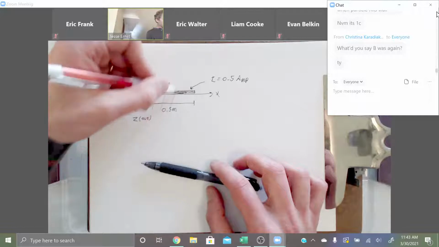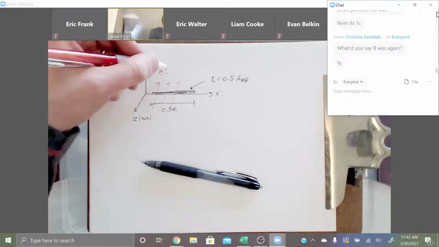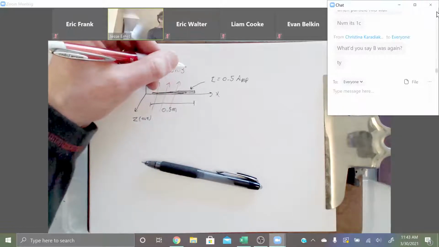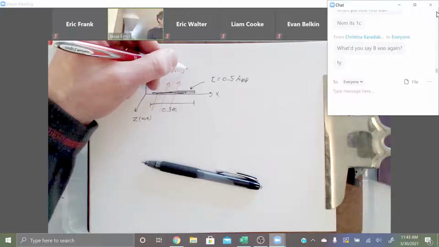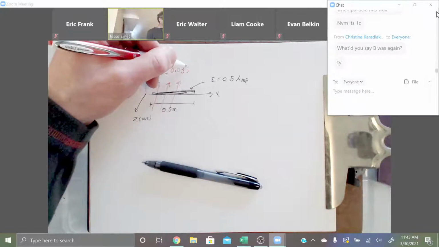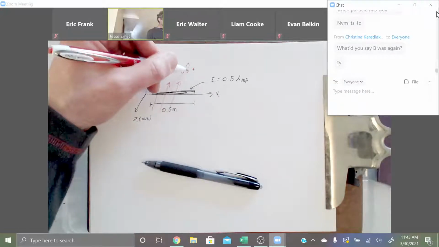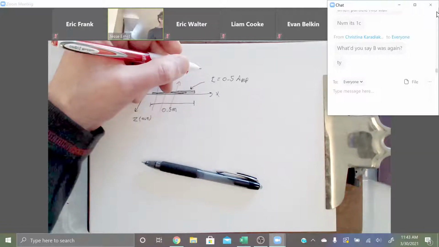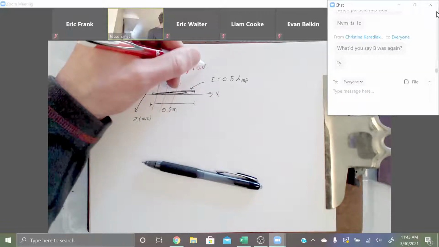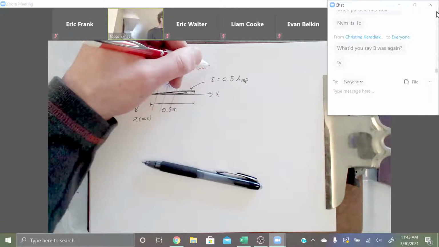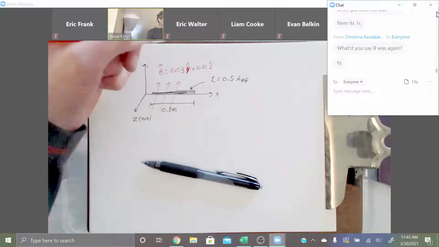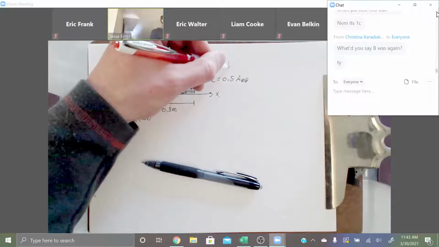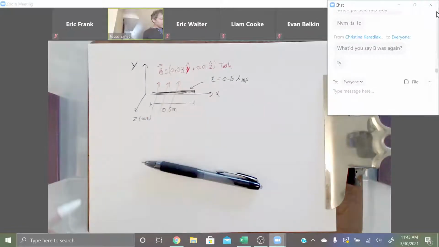So B vector is equal to, let's say, 0.03 J hat, really I should say Y hat, plus 0.01 Z hat, Tesla. Okay, so the current is going this way.